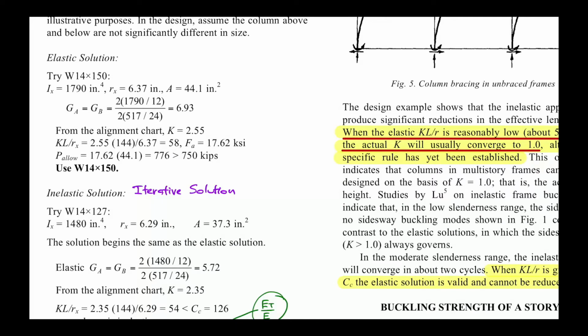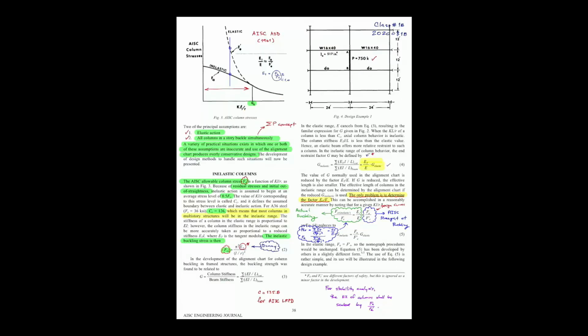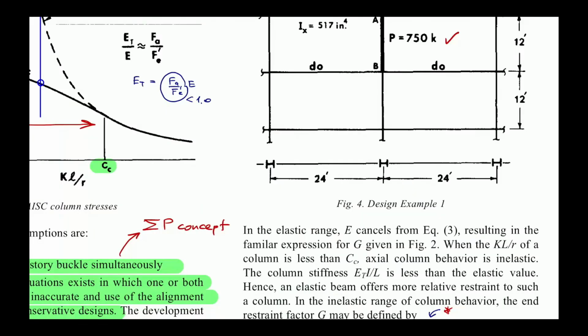Okay, so we try the wide flange W14 by 150. The I value, well, since he mentioned already that the buckling is about just one axis, let's take a look. You see the cross section over there. Alright, so the out-of-plane behavior, this is in-plane. That means the buckling will be like this.